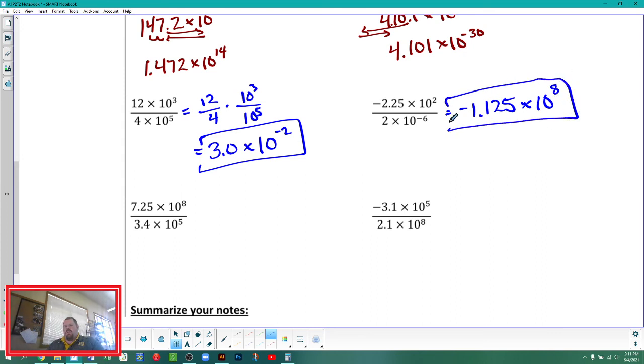So this ends up being a very, very big number, which makes sense because this is a relatively big number. It's negative 225. And this is like a lot of zeros and then a 2. When I take a really big number divided by a really, really small number, my answer is a very, very big number.